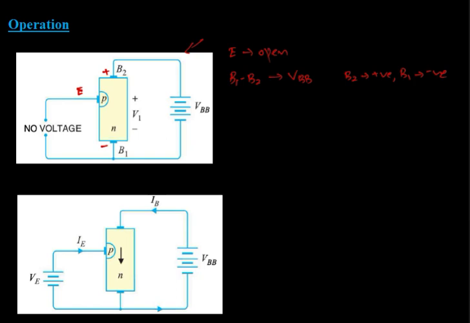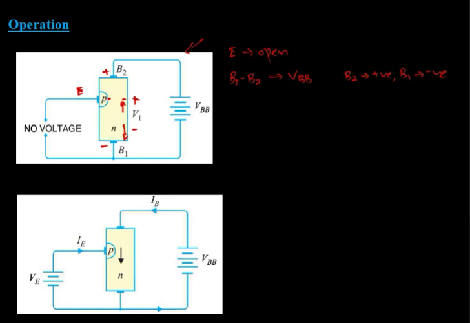Since the emitter is located near to B2, more than half of the applied voltage VBB appears between the emitter terminal and B1, which is represented by V1 in this diagram. So here it is plus and here it is minus, so it is V1.